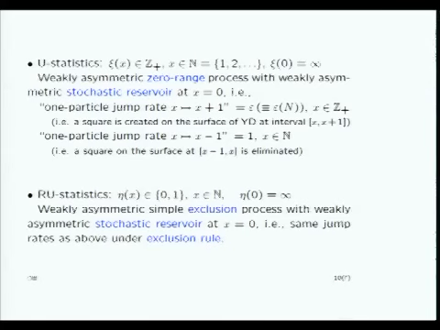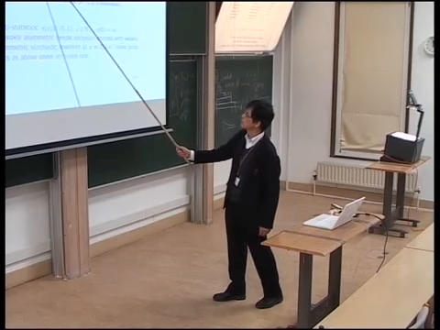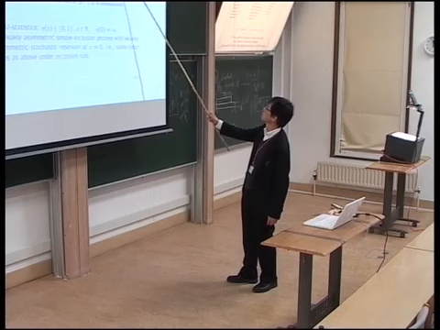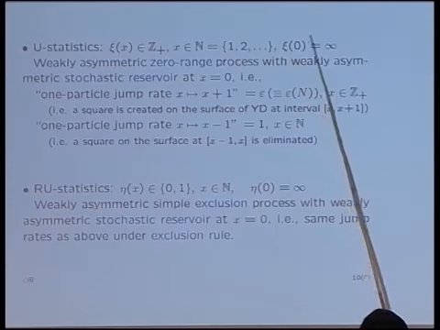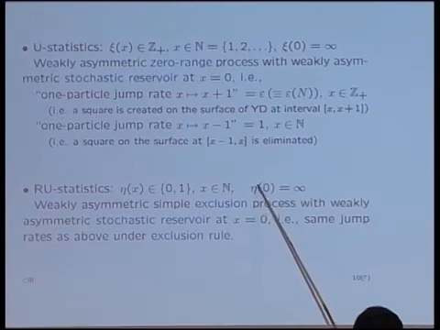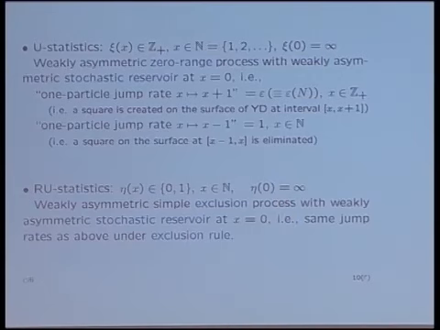So as I explained already, the uniform static case is a weakly asymmetric zero range process, and there is also a boundary condition at 0 because you may put infinitely many particles there. Maybe I write it this way: at site 0, there are infinitely many particles. Also, in the restricted uniform case, I consider as if there are infinitely many particles at site 0.